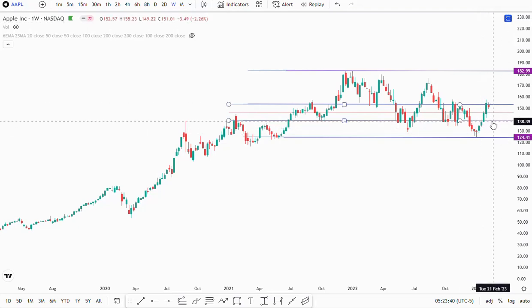So this would be an important level on a weekly time frame. The bearish case would be the weekly price closes below this level. You can see this level acted as support right here. There was a lot of interaction with this level. So if price falls below this level, then odds would increase for a retest of this level.